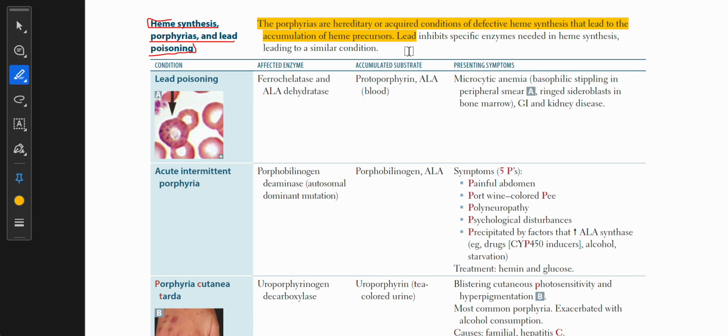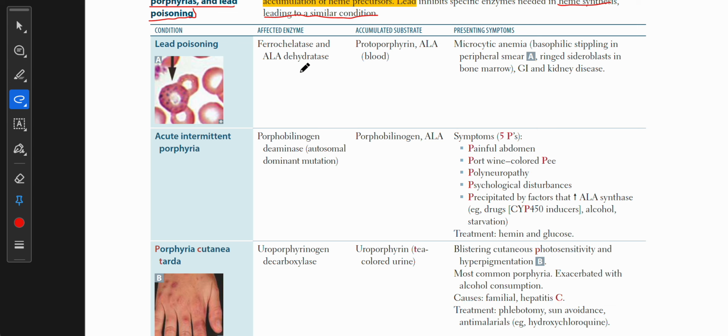Lead inhibits specific enzymes needed in heme synthesis. Lead poisoning is a very common condition that we have to consider and study, because it is very largely asked in USMLE Step 1. In lead poisoning, the ferrochelatase and ALA dehydratase enzymes are affected. Ferrochelatase is the enzyme required in the last step of heme synthesis.